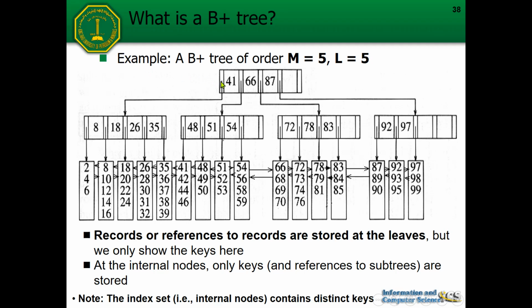You can see that 85 is bigger than 41, so we go here. 85 is bigger than 66, so we go here, and 85 is less than 87, so we go for this branch. Then we compare 85 to 83; because 85 is bigger than 83, we go here, then we go for this branch. We find 85 in this node.